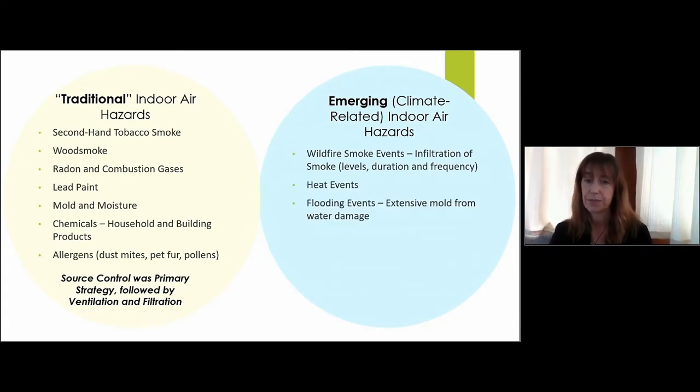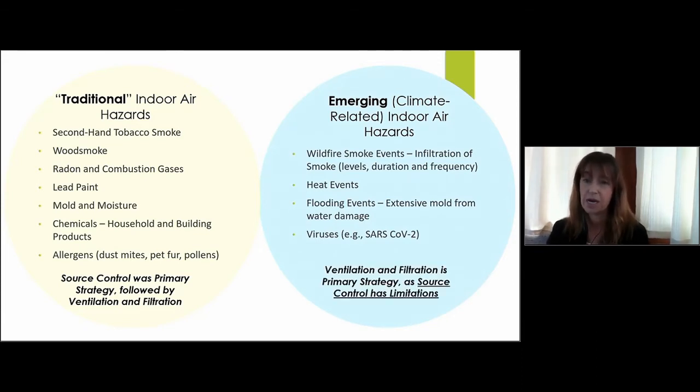Heat events, flooding events, which are resulting in extensive mold from water damage. And some of the literature says that viruses and the increasing frequency of pandemics is associated with deforestation and a few other variables. So SARS-CoV-2 has some relationship to what's changing.